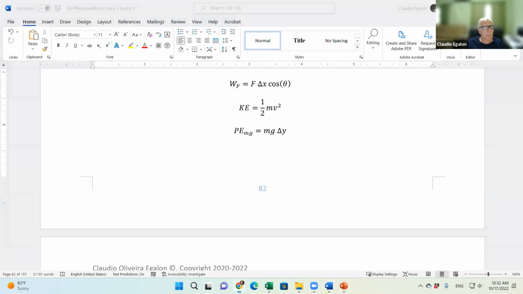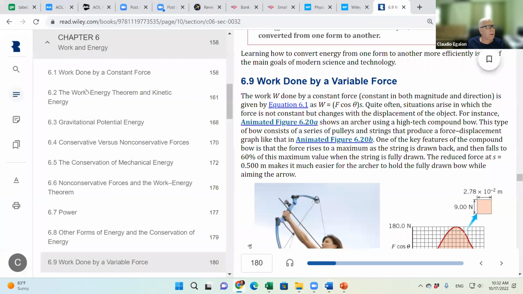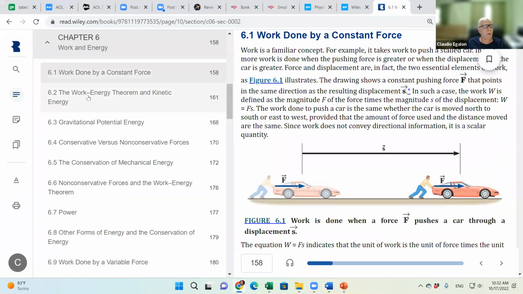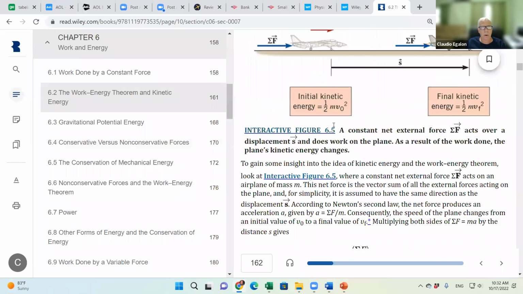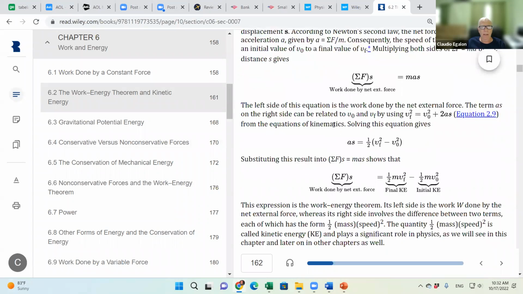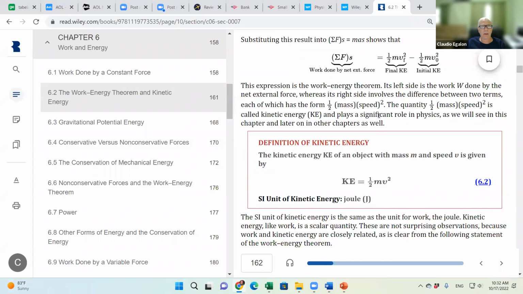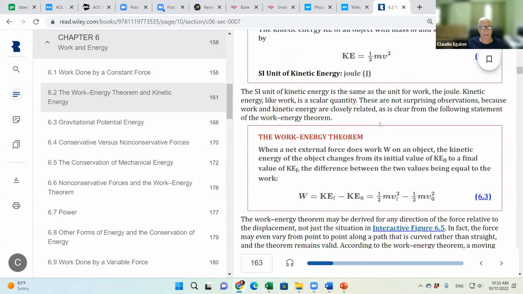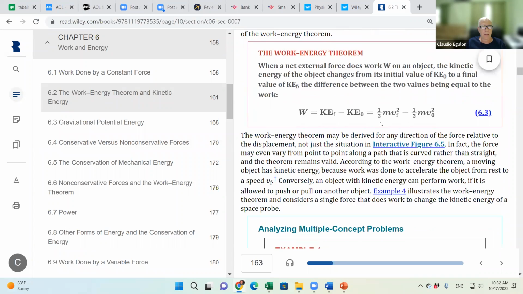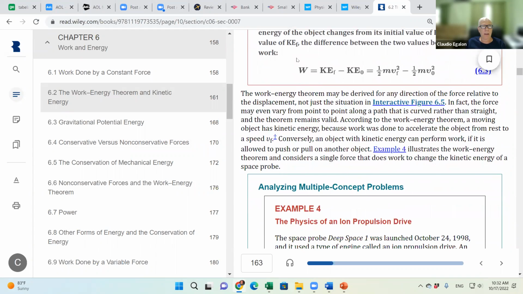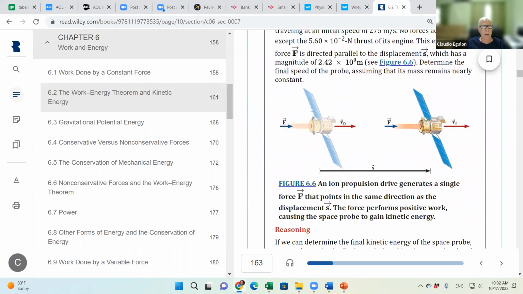But before we do that, let's take a look here. Work done, kinetic energy: the final kinetic energy minus initial kinetic energy. And don't forget this is the work done by the net force.